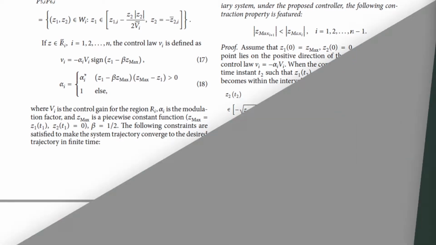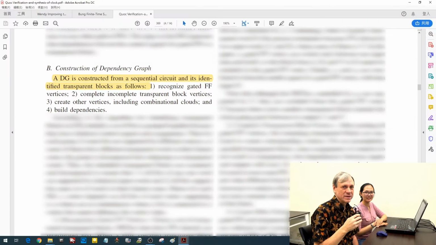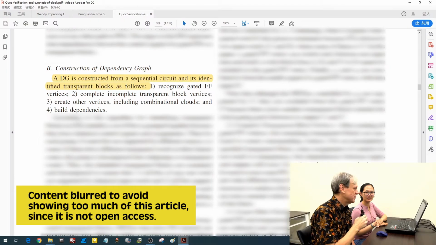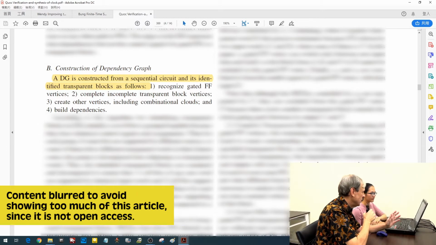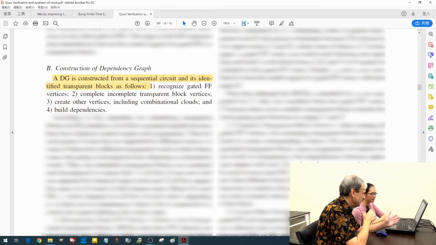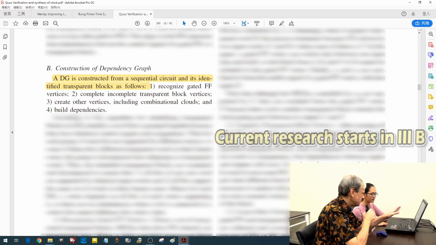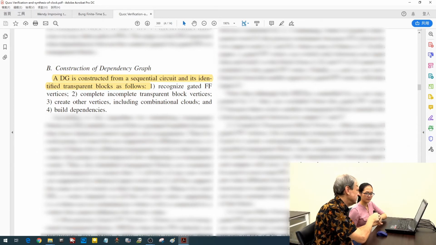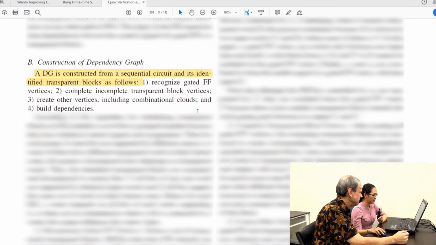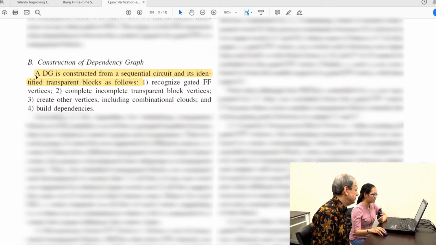Yes, right. Now let's look at our electrical engineering article. In this one, just like Bung's, it's sort of difficult to tell where the break point occurs between the framework, the past research, and the current research. Yeah. So how did you decide that this is the point that it begins? So they mention here a D3 graph.